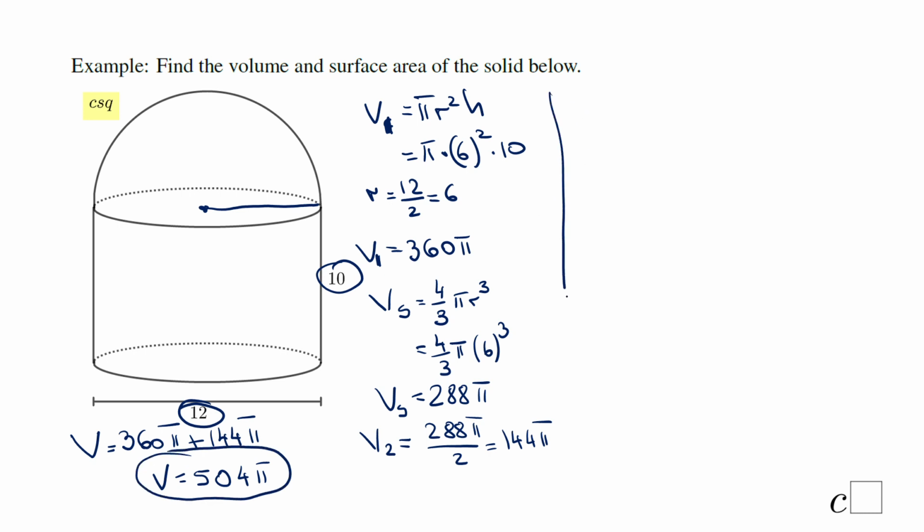Let's see the surface area. The surface area for this composite solid will be what? Will be the lateral area of the cylinder, which is 2 pi r h.